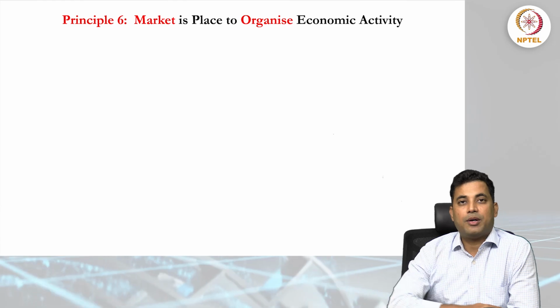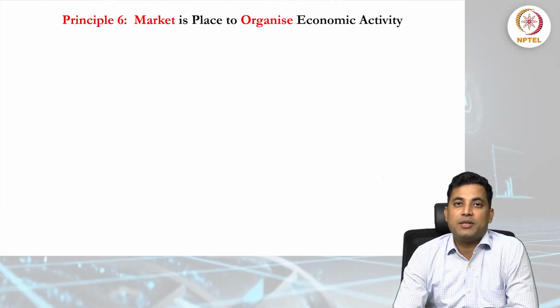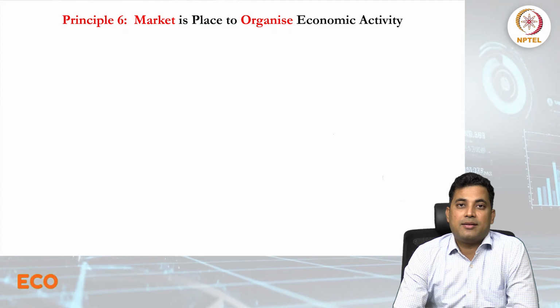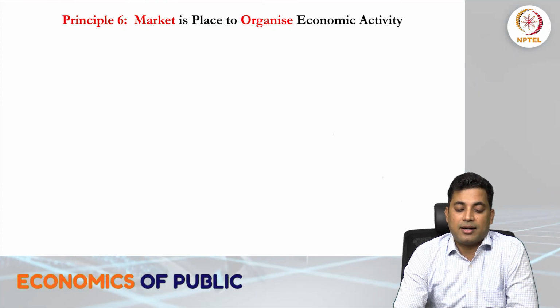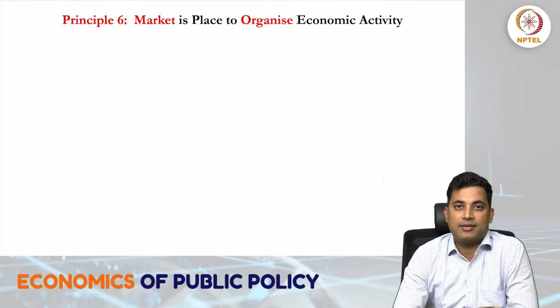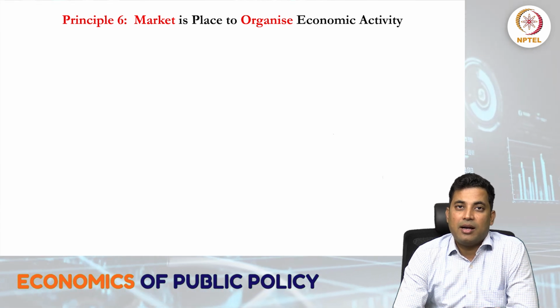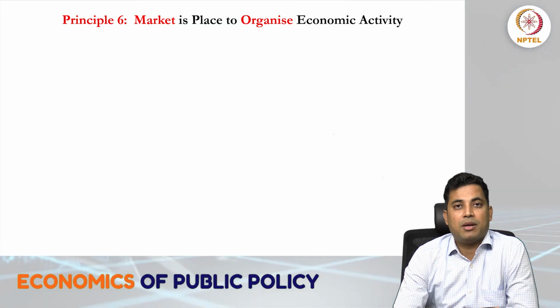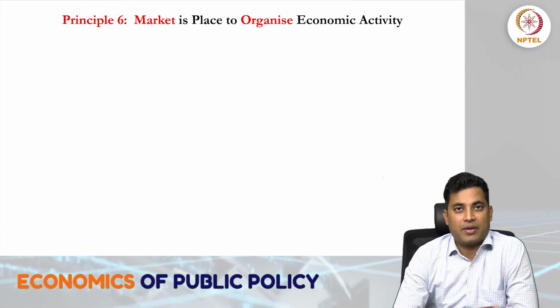Further to continue, we'll move to principle 6, which is the market. As I discussed in my previous lecture, the market is a very important place where buyers and sellers assemble, and then price is set and also the optimum level of quantity is set.